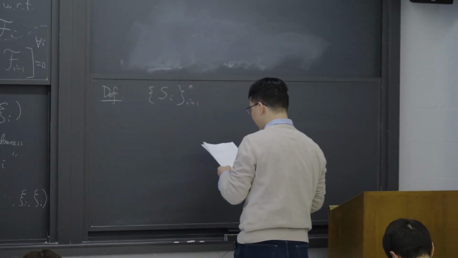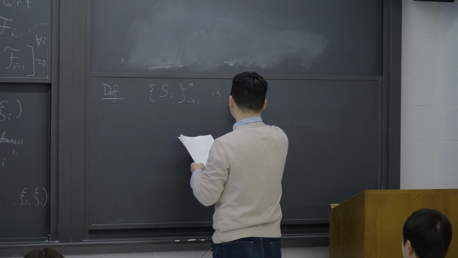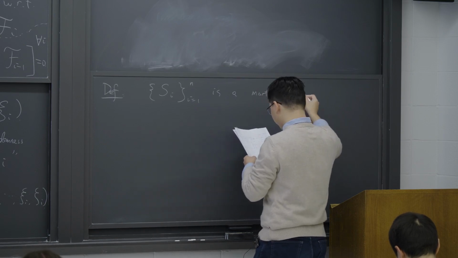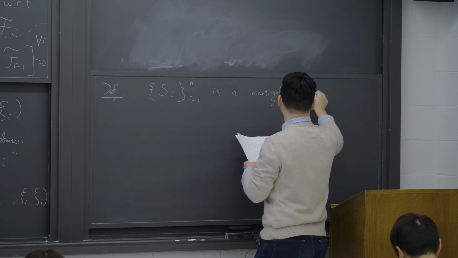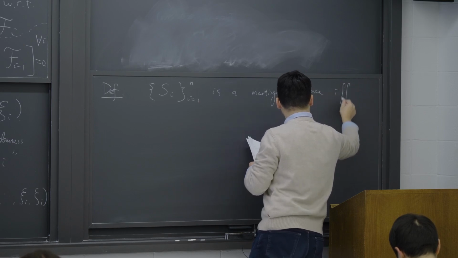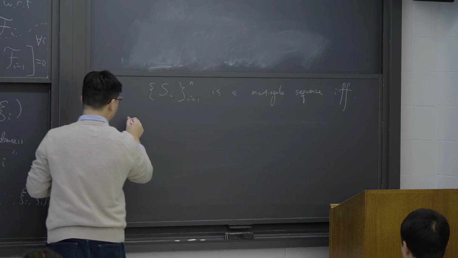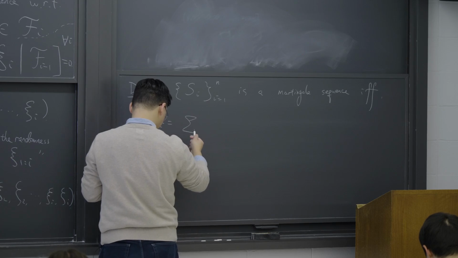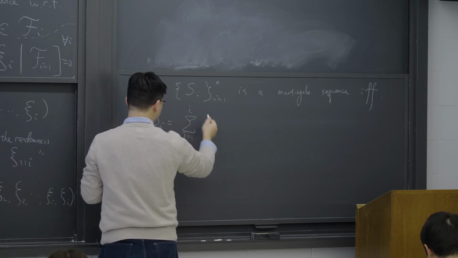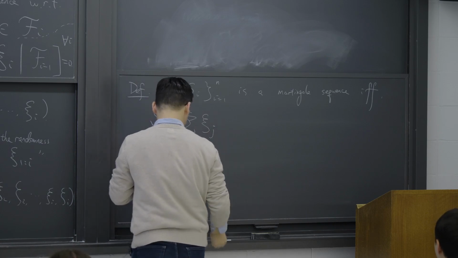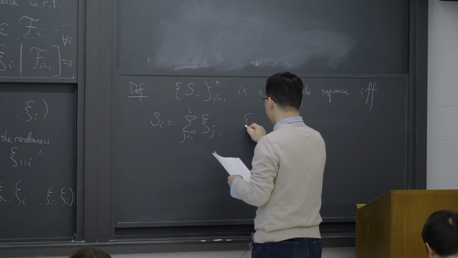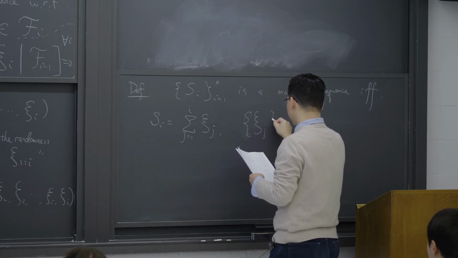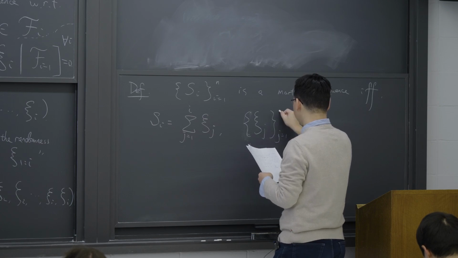Okay, so Si, i from 1 to n, is a Martingale sequence, or a lot of the time you just call it a Martingale, if and only if this Si is equal to some summation of Cj, j from 1 to i, and this Cj is a Martingale difference sequence.